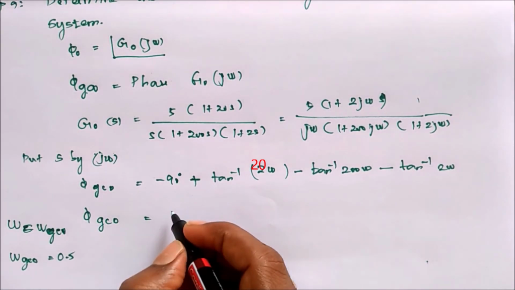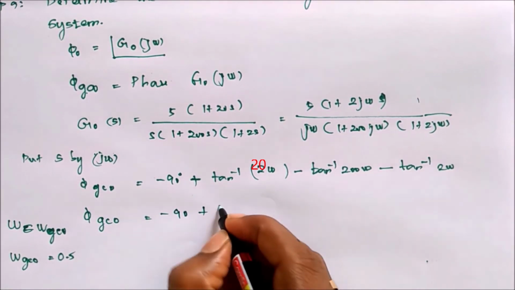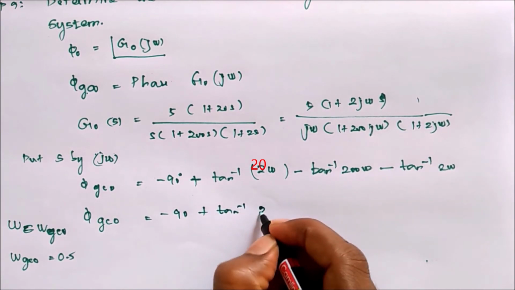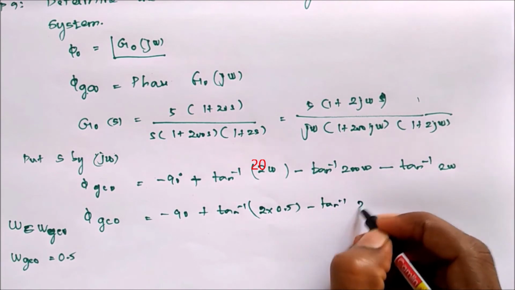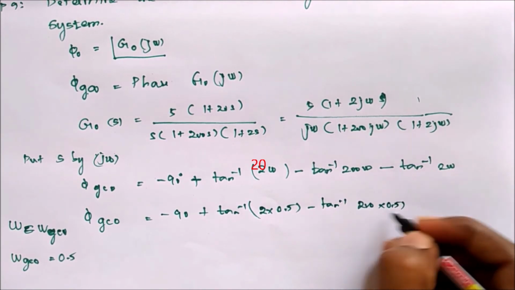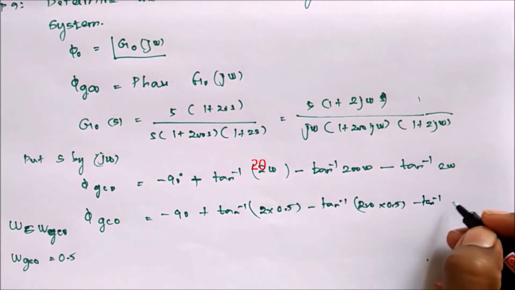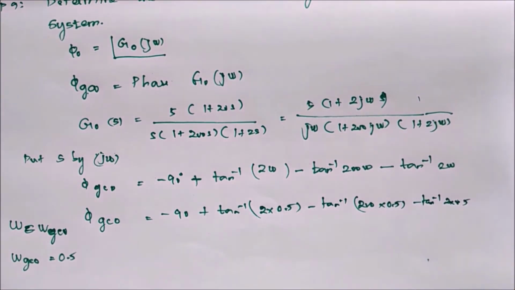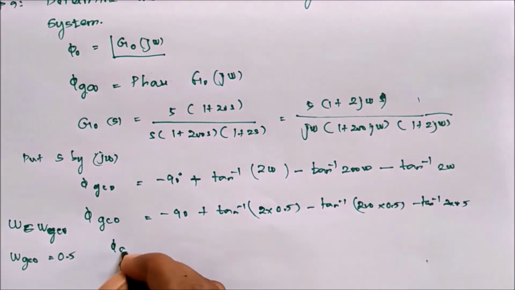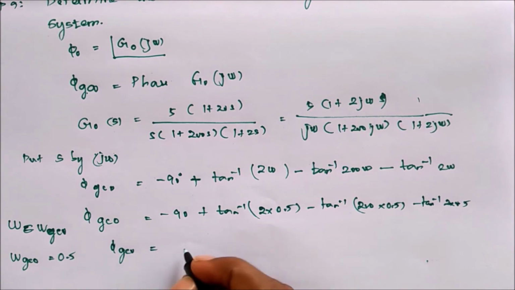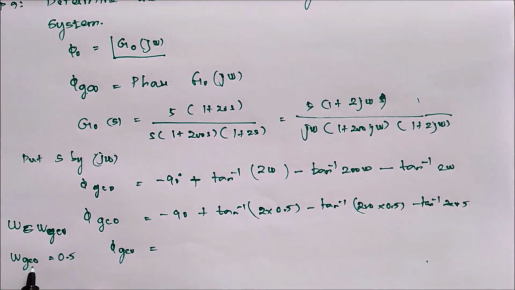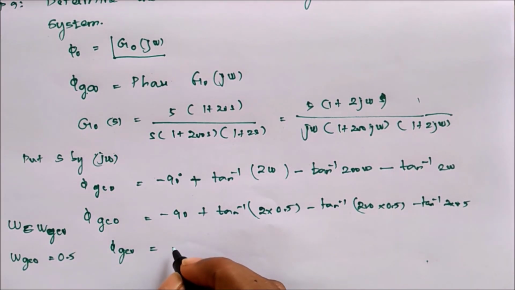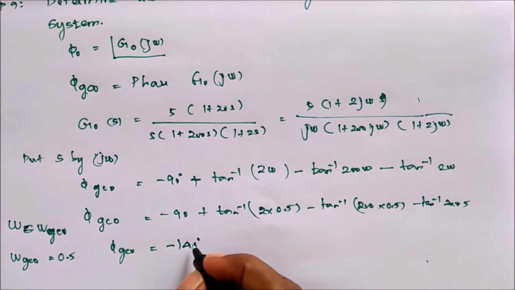So we substitute here minus 90 plus tan inverse of 2 into 0.5 minus tan inverse of 200 into 0.5 minus tan inverse of 2 into 0.5. So now we get phi gc 0, the angle of the open loop compensated system at gain crossover frequency, equal to minus 140 degree.